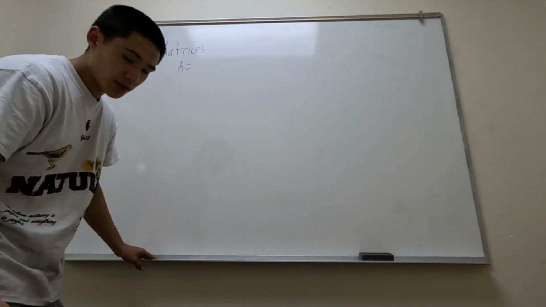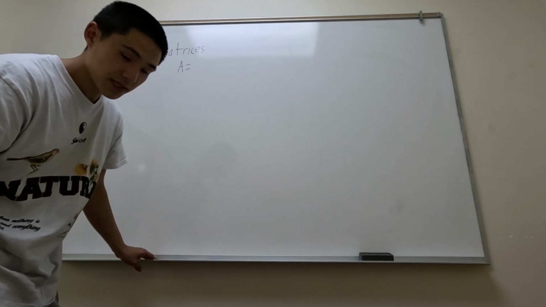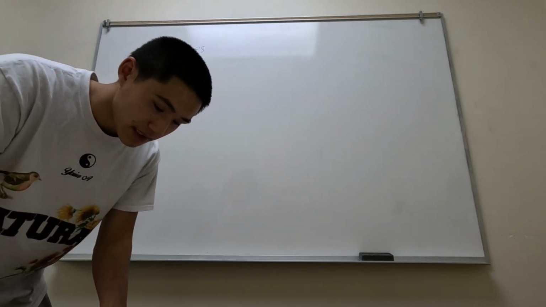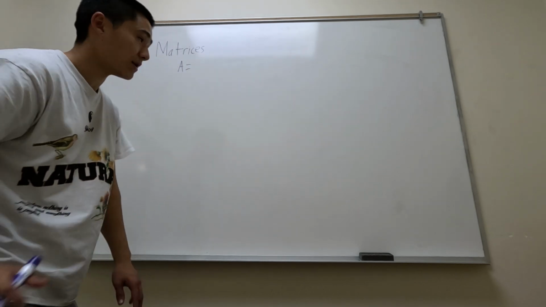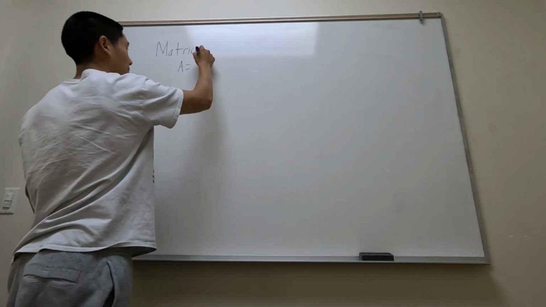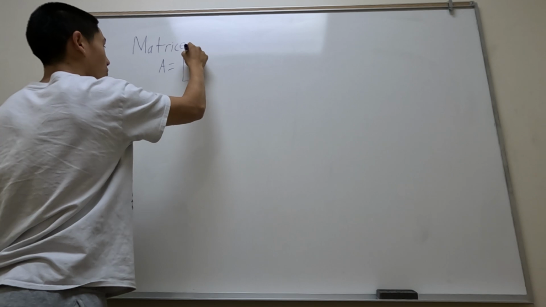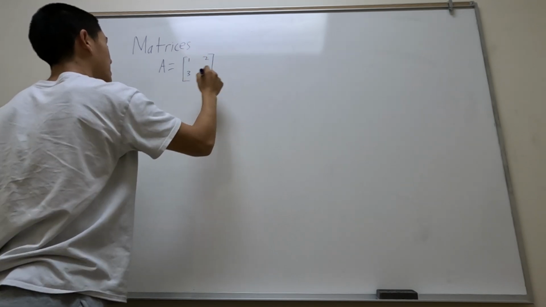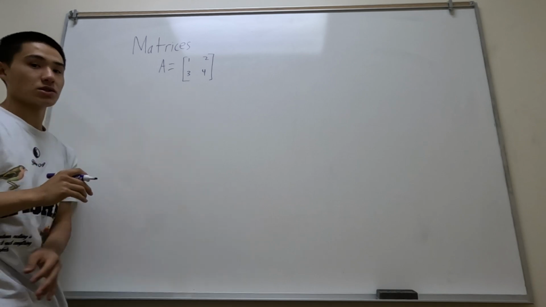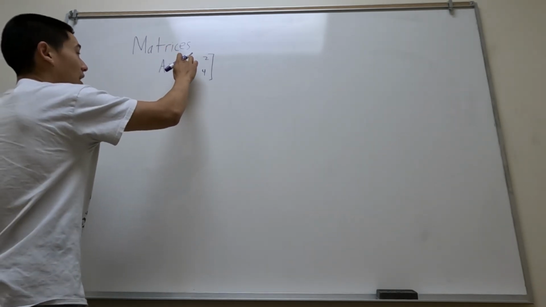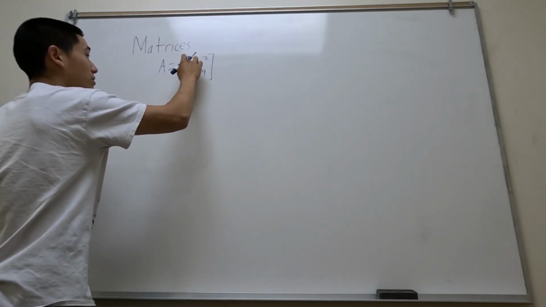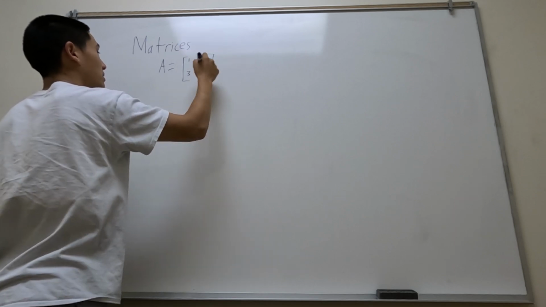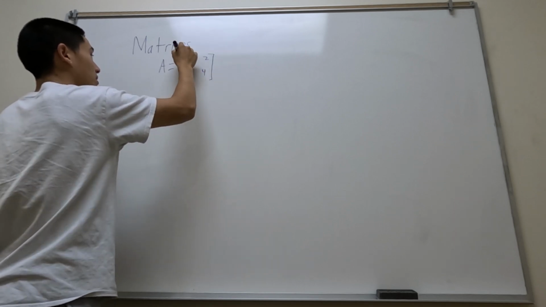The entries of a matrix are called elements. If there are m rows and n columns, then the matrix is called an m by n matrix. For example, if you have this matrix, 1, 2, 3, 4, this is an example of a very basic matrix. So we have 1, 2.